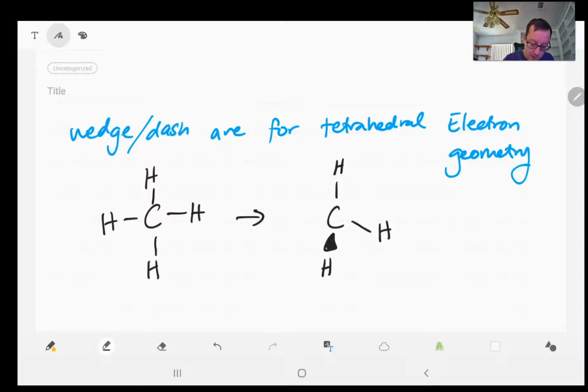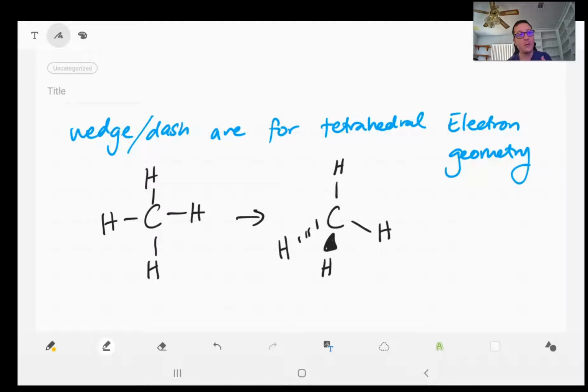We're going to put one on a wedge, one on a dash. The wedge means that it's pointing towards us, and the dash means it's pointing away from us as we're looking at it. So it brings it into 3 dimensions.